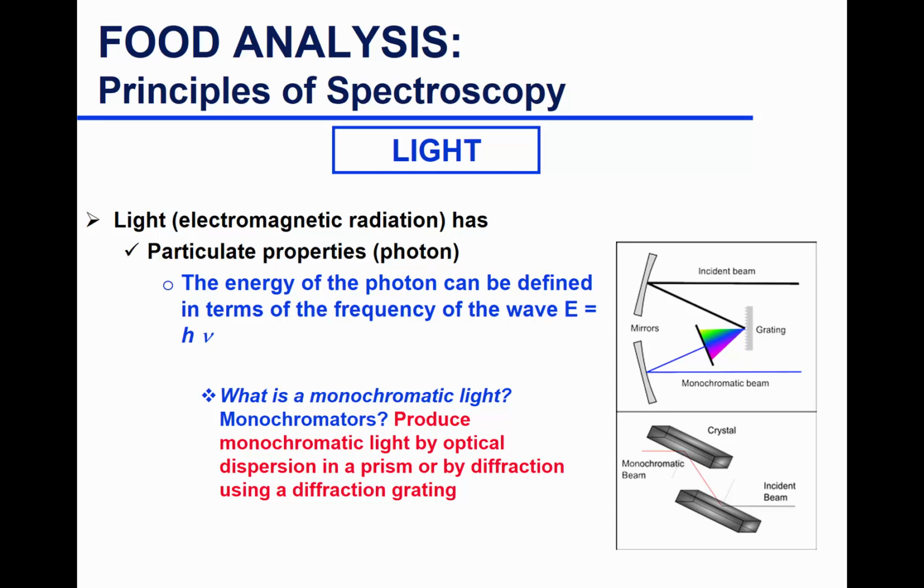And then you have here an outlet which has a slit that allows a light wave at a single wavelength to pass through, hit a mirror, and get reflected potentially here to a sample, where the sample absorbs at a single wavelength. You can also have a crystal that would also cause diffraction of light.